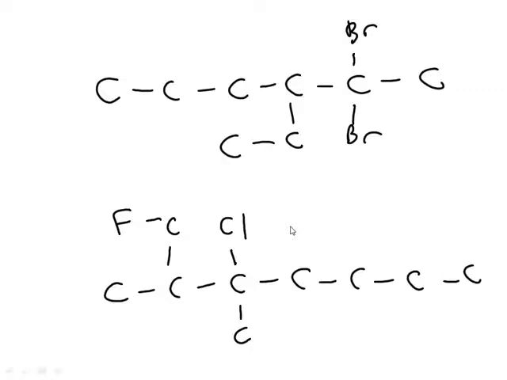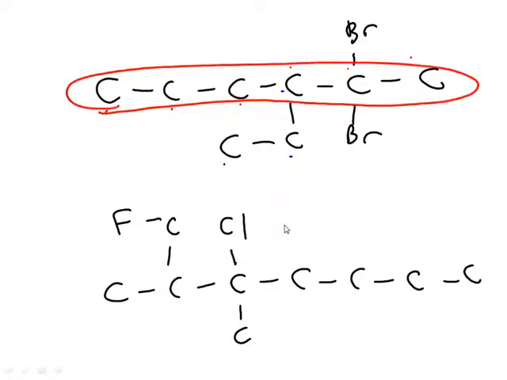So when we name this top one, we're going to find our longest chain. Our longest chain, 1, 2, 3. We could go 4, 5, 6, or maybe go 4, 5, 6. They're both 6 carbon chains, but again, we always want to pick the parent chain that has the most substituents and is the least complicated. So we don't want this big weird thing, a substituent with 2 bromines on it. That gets a little weird. So what we'll do is we'll number from, again, the right-hand side, 1, 2, 3, 4, 5, 6, because it was closest to all of our substituents.